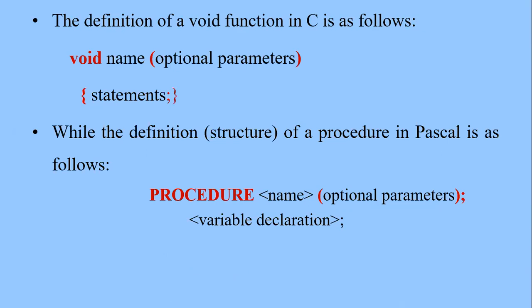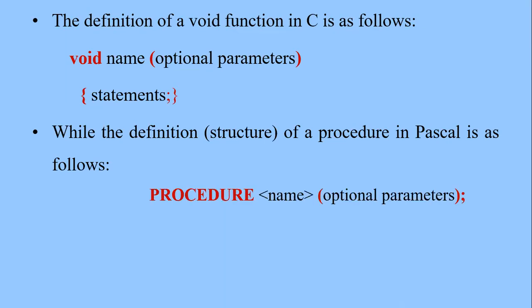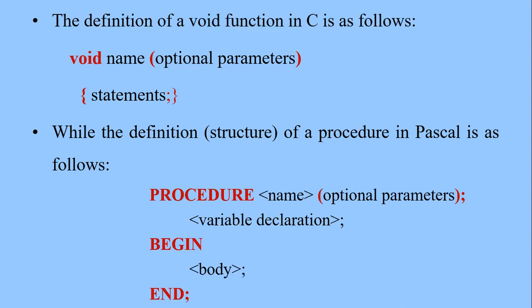And then instead of having the keyword program, we replace it with the procedure followed by the name and optional parameters. We have the variable declarations as usual. We have the begin as usual. We have the body as usual. And then we have the end as usual. But instead of having a period, we have a semicolon. So we call that definition.